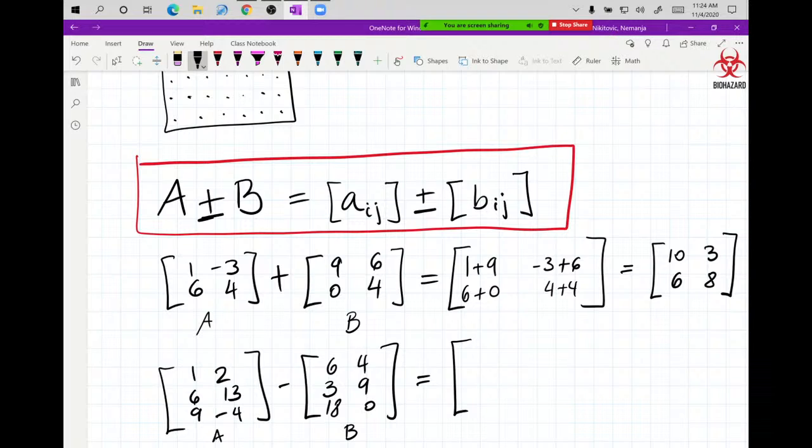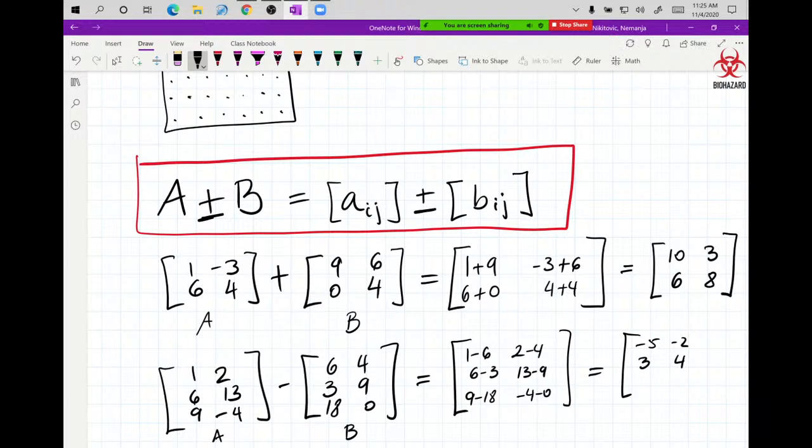Now we're expecting the matrix to be 3 by 2 because we have 3 rows and 2 columns. So we have 1 minus 6, 2 minus 4, 6 minus 3, 13 minus 9, 9 minus 18, and -4 minus 0. And that collapses into, again, -5, -2, +3, +4, -9, and -4.